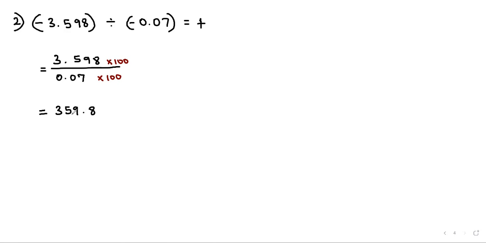Very good. Because when we multiply this number by 100, the decimal point will skip 2 digits. And what is 0.07 times 100? 7. Correct.